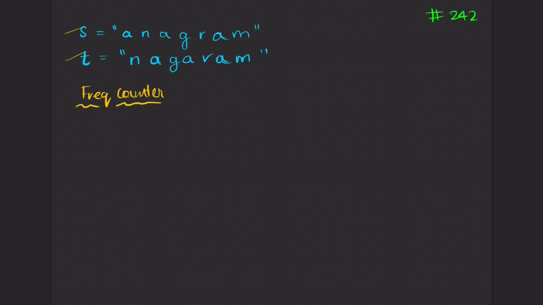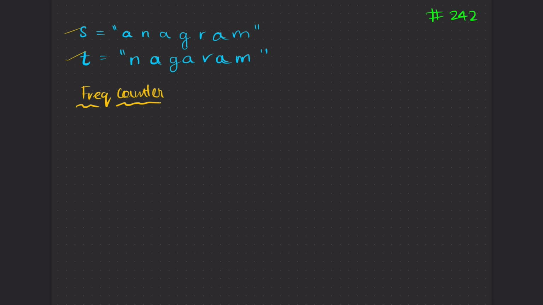Let's assume we have another dictionary called t frequency, and now we would populate these values. So N here maps to 1 since there are no elements. We have A again on this part of the dictionary. That's 1. G, you'd say 1.